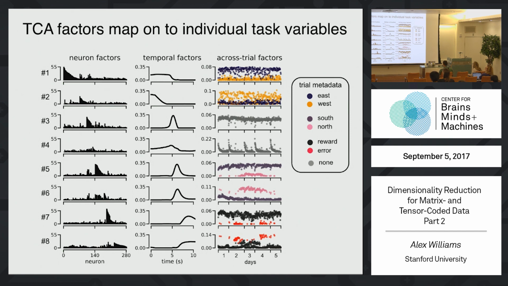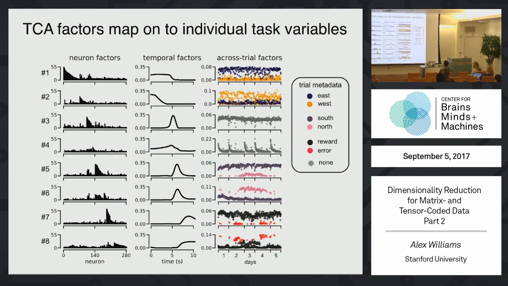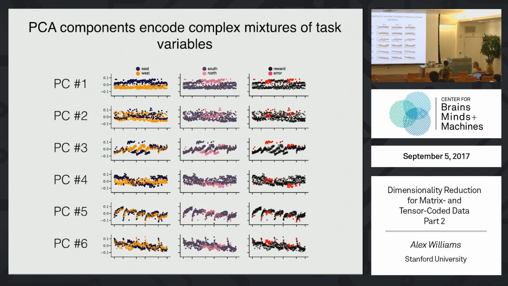And then the final 4 also code for interesting things like whether the mouse ends up in the north arm or the south arm, and whether the mouse gets rewarded or the mouse had an error on that trial. And interestingly, if you do trial concatenated PCA on this and try to look at the trial factors, you get all sorts of mixtures. So the real result here is that when you look at the across trial factor, each factor sort of codes for one task variable at a time.